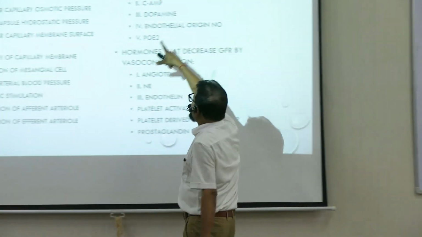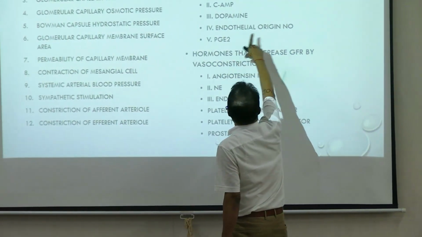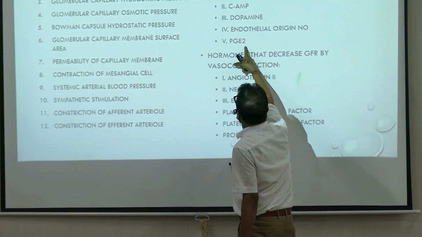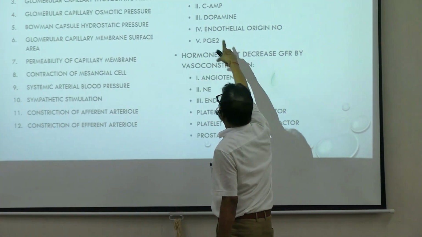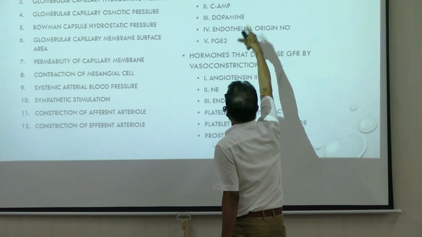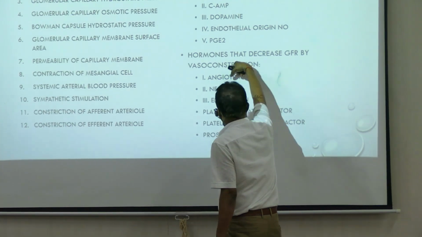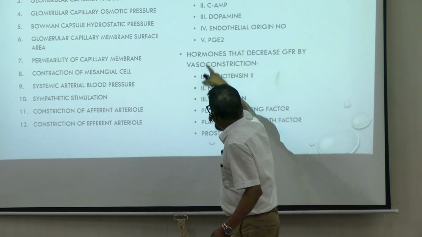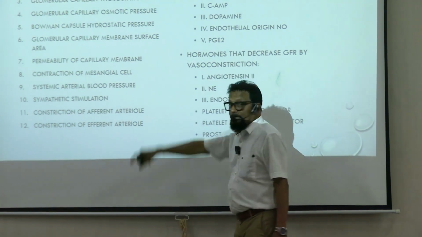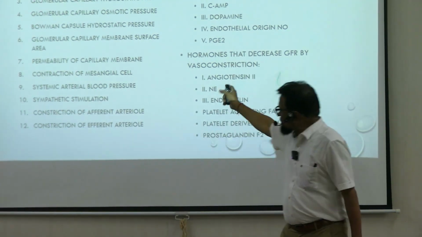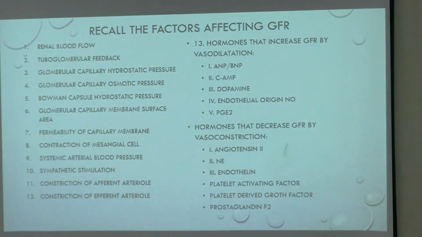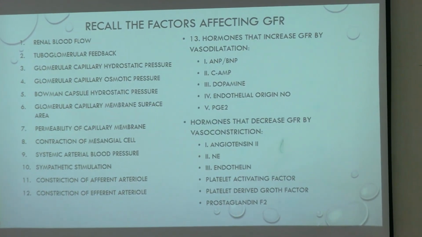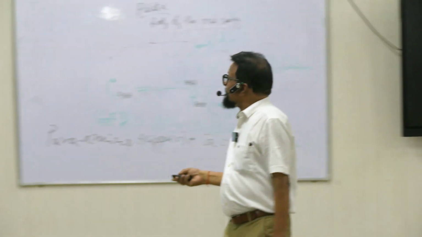Some are vasodilator hormones, thereby they increase GFR, and by vasoconstriction others decrease GFR. All these hormones decrease GFR, all these hormones increase GFR. We have discussed those points earlier. If I start discussing it, I will not be able to discuss other points.